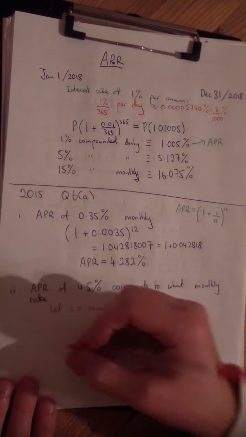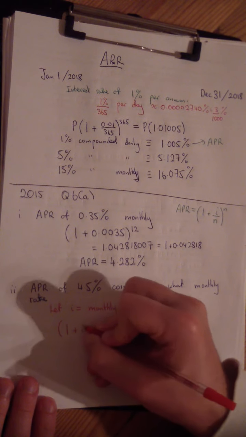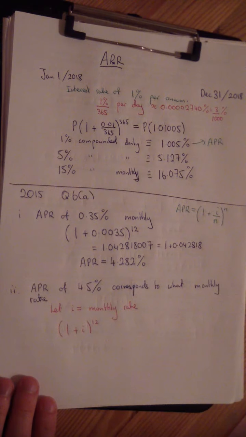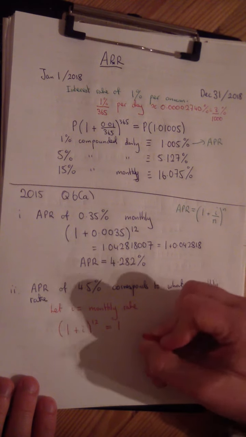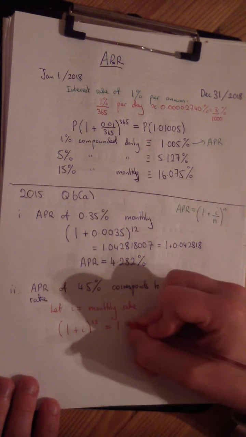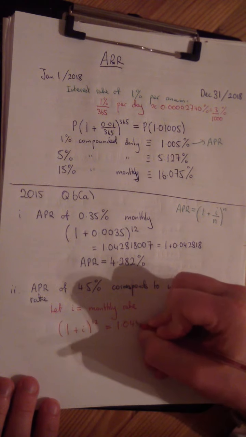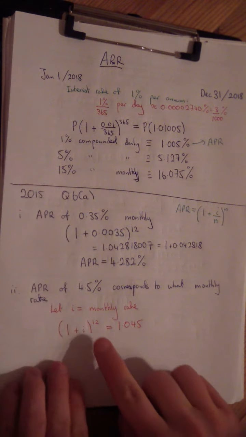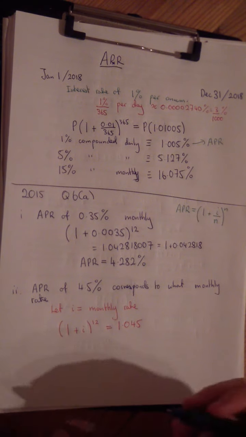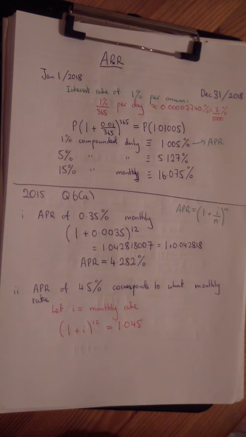And what you want is, if you apply this monthly rate 12 times, that this is exactly the same as doing 1 plus 4.5%, which would be 1.045. Right, you have a little algebra problem here. That's how you should attack it. Work from the outside. What's the opposite of to the power of 12? Well, the inverse of squaring is square rooting.